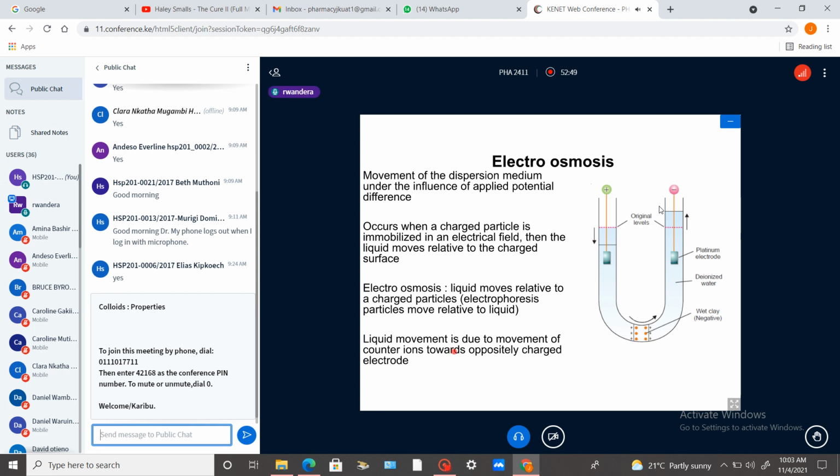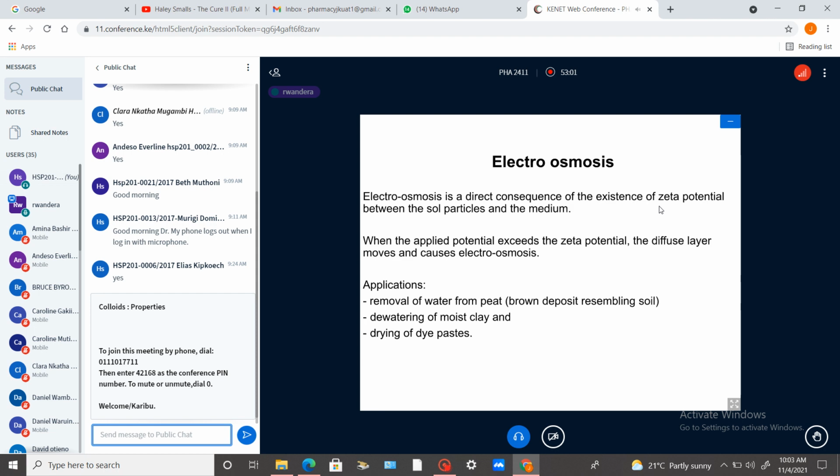And this liquid movement is due to the movement of counter ions towards the oppositely charged electrode. Now, it's also important to note that electroosmosis is a direct consequence of the existence of the zeta potential between the sol particles and the medium.